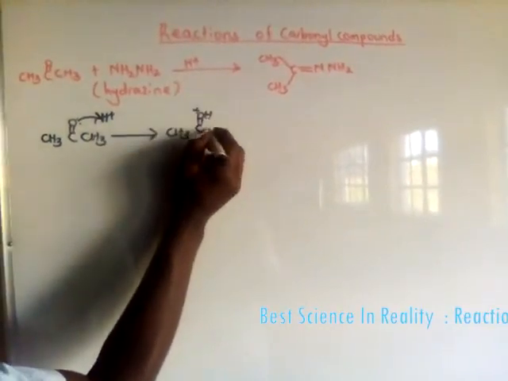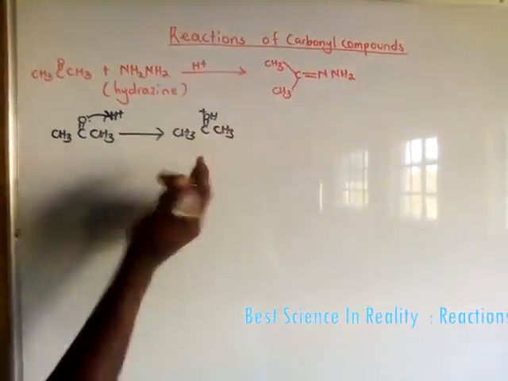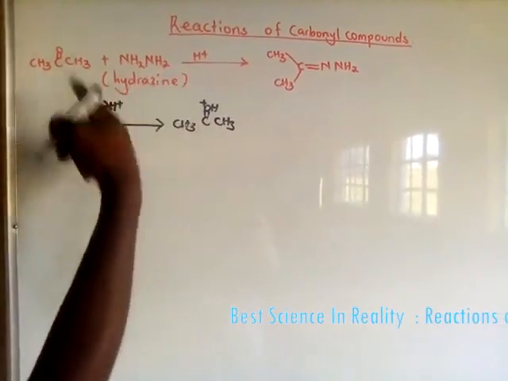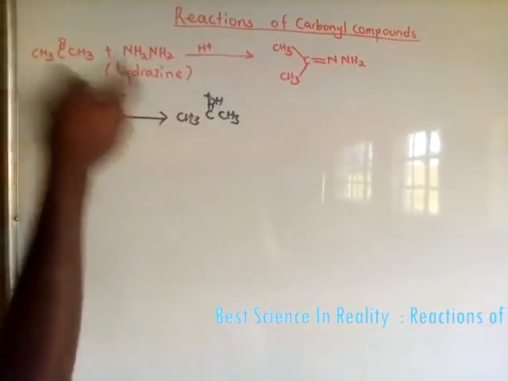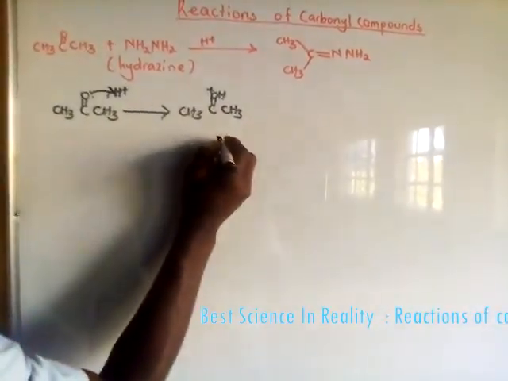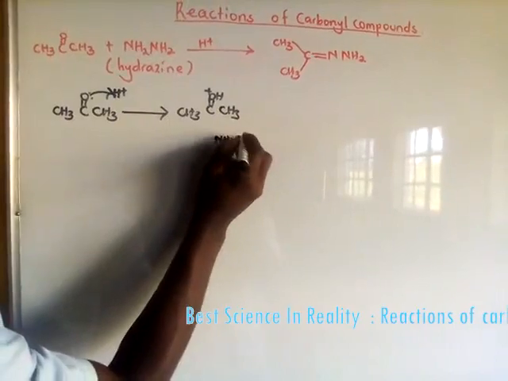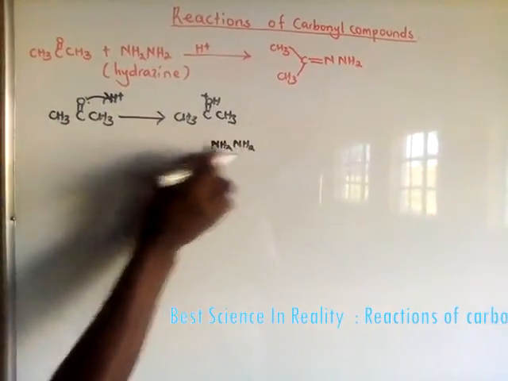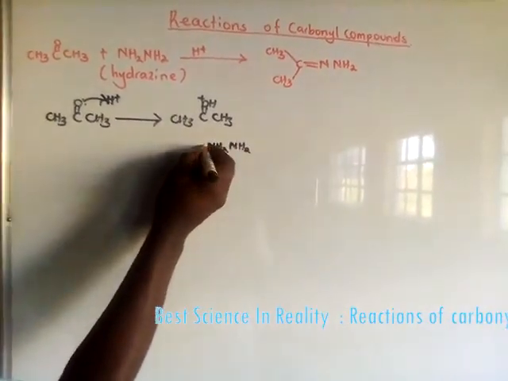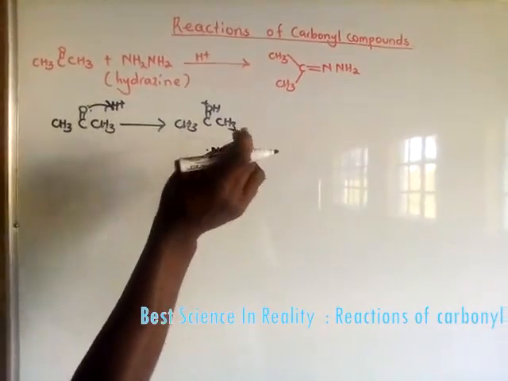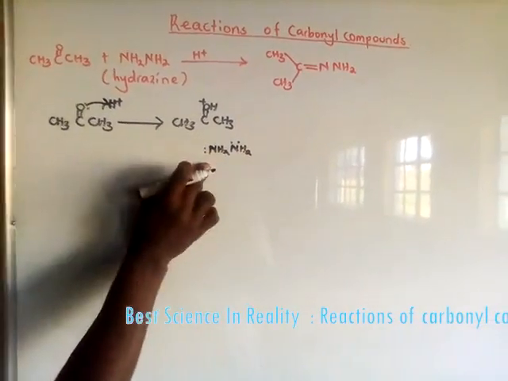So it means after forming this, the carbon can be attacked by our nucleophile, and our nucleophile is going to be hydrazine. It's going to be NH2. So all these nitrogens, these two, they are having lone pairs of electrons. So you can use either this or this nitrogen, but not both.